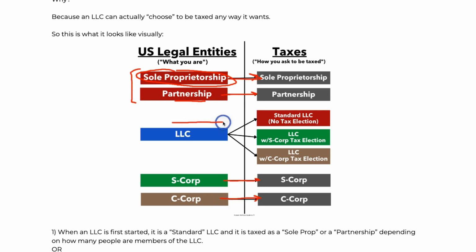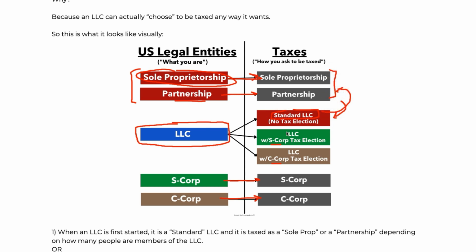What about this LLC? Well, this is where the LLC can literally choose to get taxed either as what we call a standard LLC, which is our own verbiage we use to simplify this, or it can be taxed as an S Corp, or as a C Corp. Just so you know, a standard LLC gets taxed exactly the same way that a partnership or a sole prop would get taxed, okay?